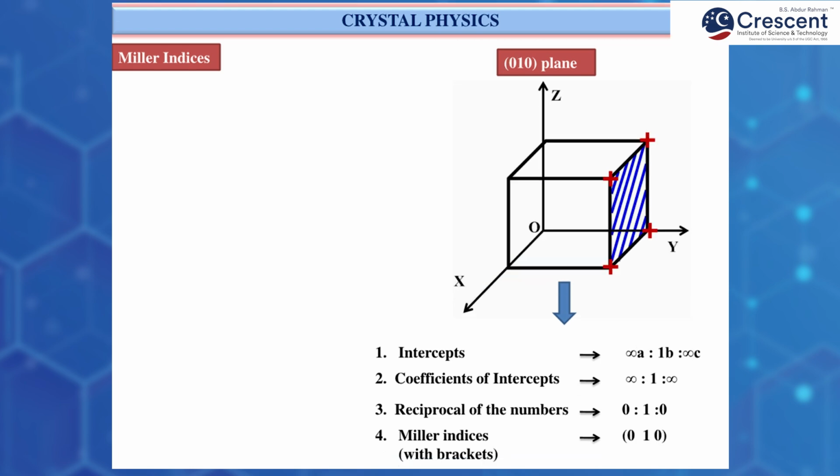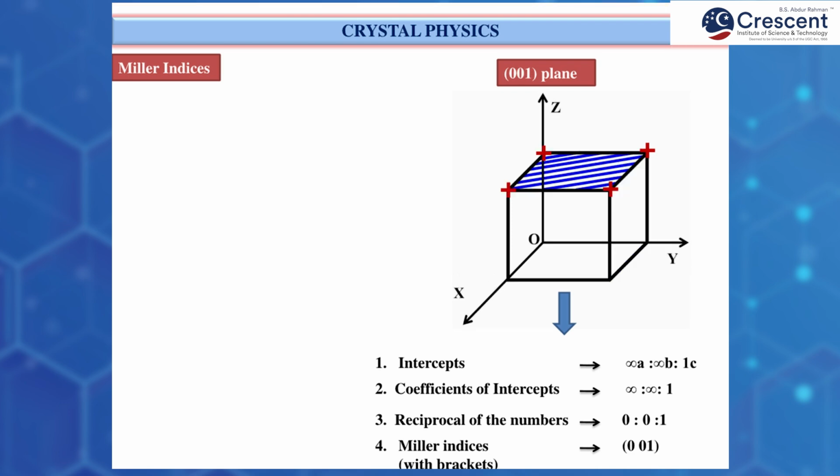Can you see the similar way in a simple cubic structure? Previously we saw 1, 0, 0. Now can you see here the plane which cuts the y-axis at 1. The plane is parallel to x and z, so that is 0, 1, 0, the Miller indices along the y-axis.